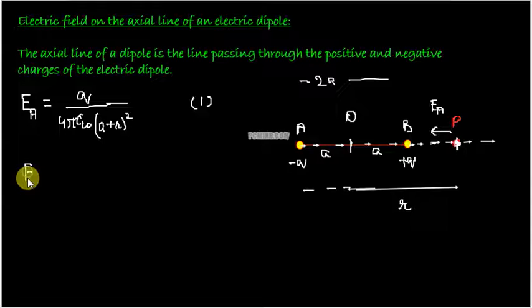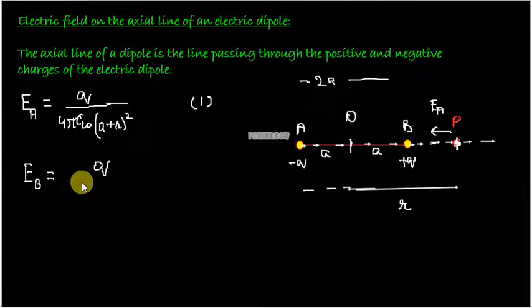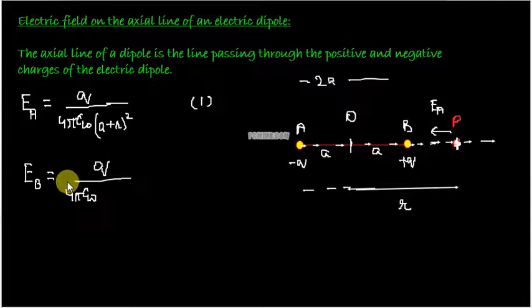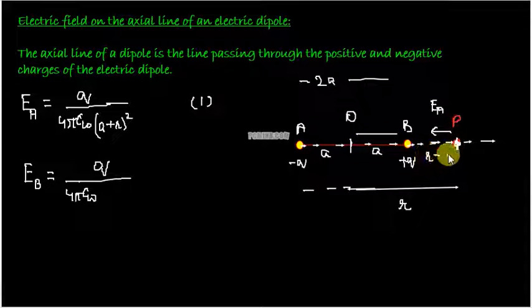And what is EB? Because the magnitude of the charge is the same, it is Q upon 4 pi epsilon naught r square, but r this time is the distance of the point P from B. That is r minus a, because out of the total distance I have to subtract this distance. So EB is Q upon 4 pi epsilon naught (r minus a) whole square.